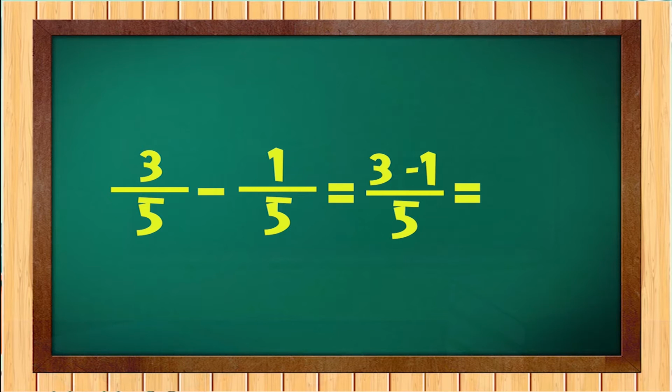We replace the common denominator. When we take 1 from 3, what would our answer be? Our answer will be 2. So 3/5 take 1/5 will be equal to 2/5. We can write that fraction on the answer line because it is expressed in its simplest form. We do not have to reduce it to lowest terms.